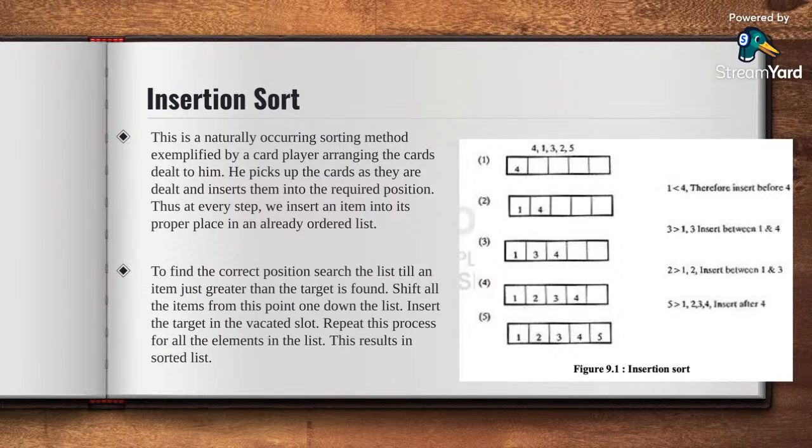So we have to search until the item which is just greater than the one we want to insert is found. Once we find that, we start shifting all the items from that point towards the right, which creates a hole, and we place our item in the hole.